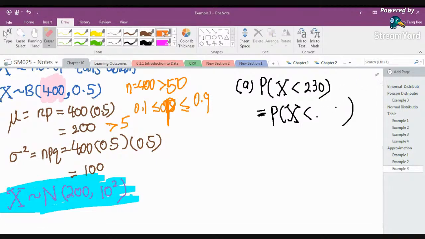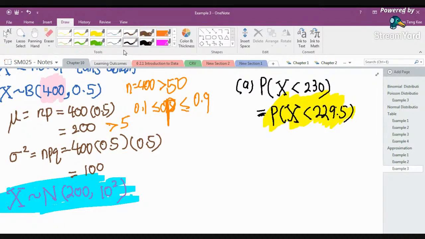So this is the result of my continuity correction. I will have X less than 229.5. And once again, let me highlight this one. This is actually the continuity correction that we have done.